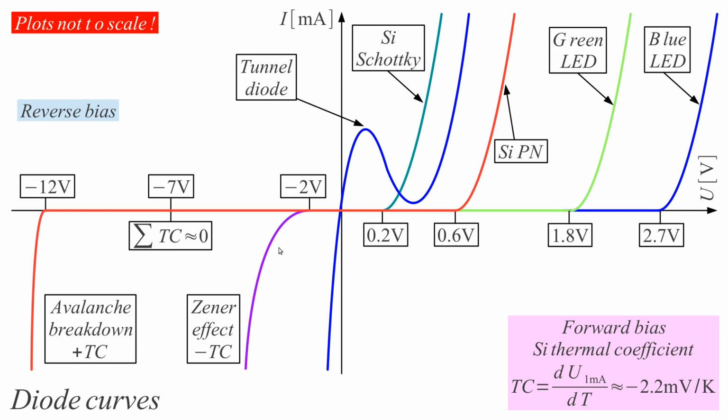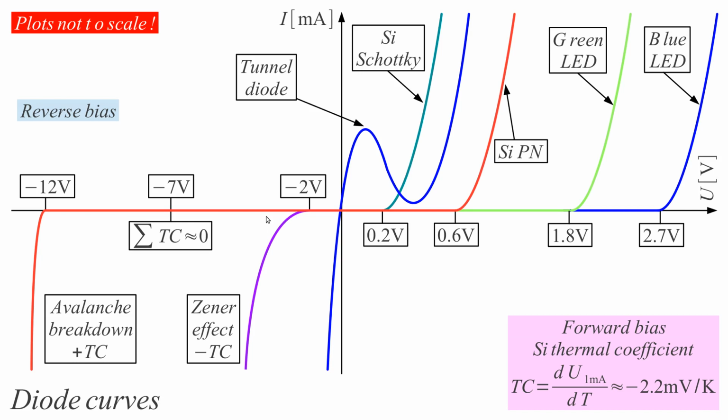The tunnel effect is frequently used in Zener diodes. Zener effect or tunnel effect is the same, and it's used for stabilization, voltage reference diodes up to -7 volts. At -2 volts, the tunnel effect has a pretty smooth curve here. There is no knee observable, so these are not really very good Zener diodes, very good voltage stabilizers.